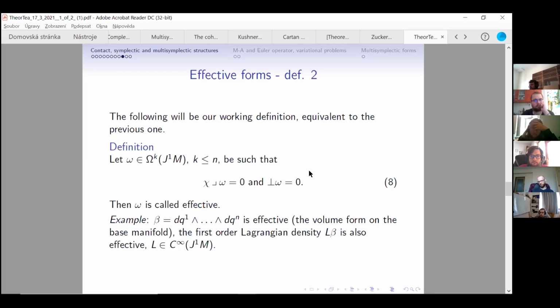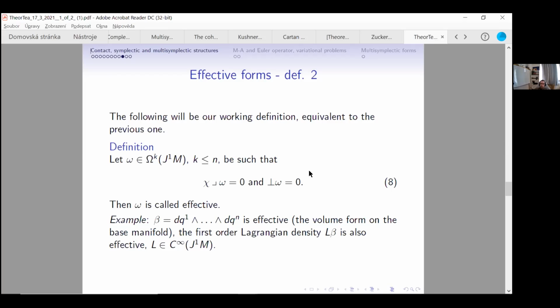I recall that the bottom operator is contraction with the dual of the symplectic form. In this case, omega is called effective. And the interesting fact about effective forms, on the next slide, is that to every form there corresponds an effective part, which is given uniquely.